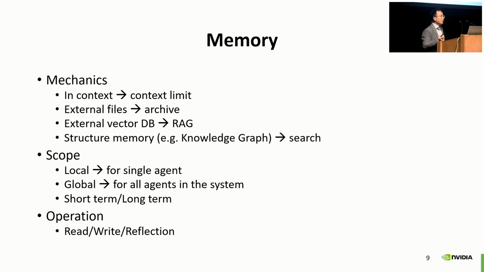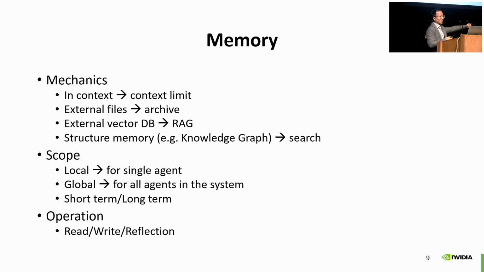First, how memory is implemented. It can be implemented in context, which means you just put the previous histories in the context of the next language model call. However, if you do that, you quickly encounter the context limit issue for the model. So you can save all your history into an external file. You can call it archiving your history. Then the problem is how do you retrieve from your archive?